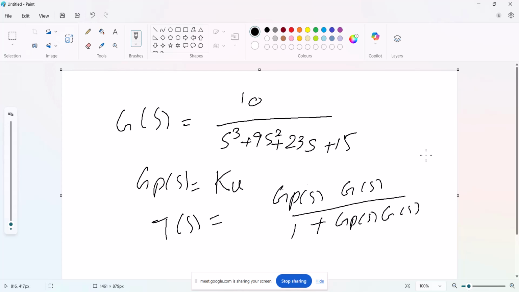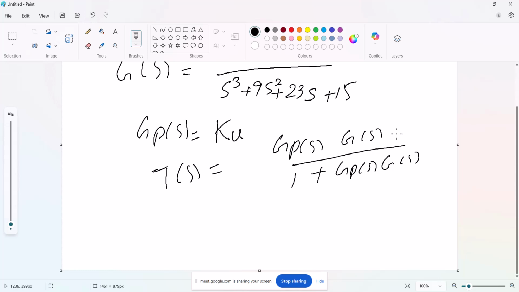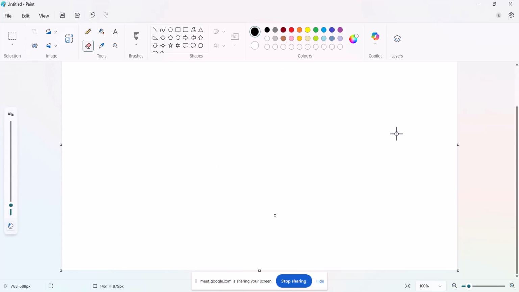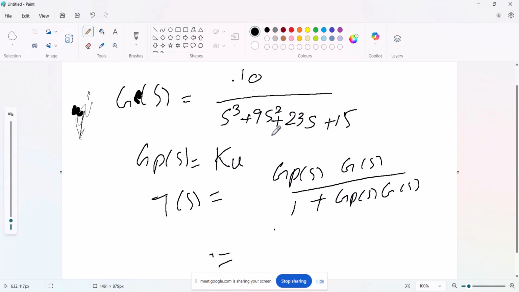So you put these values here, and we have to multiply these first and then 1 over 1 plus again this thing.